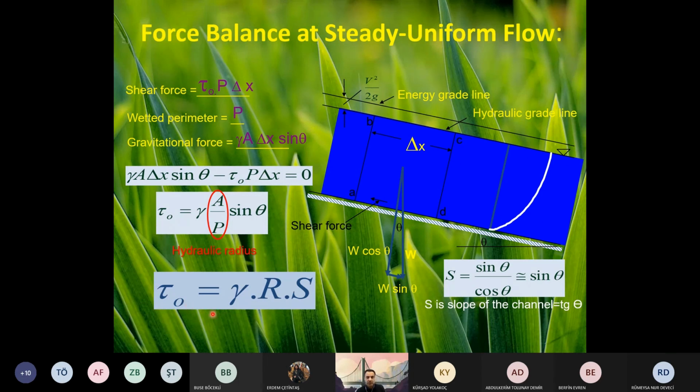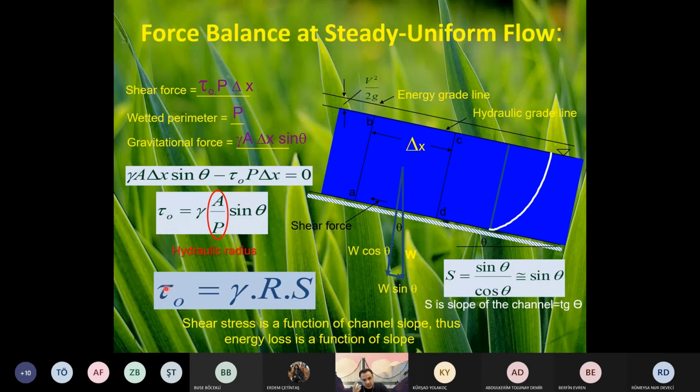Tau 0 equals gamma RS. Here you see that shear stress is a function of channel slope, and thus energy loss is a function of slope. Do you agree with this? Definitely yes.